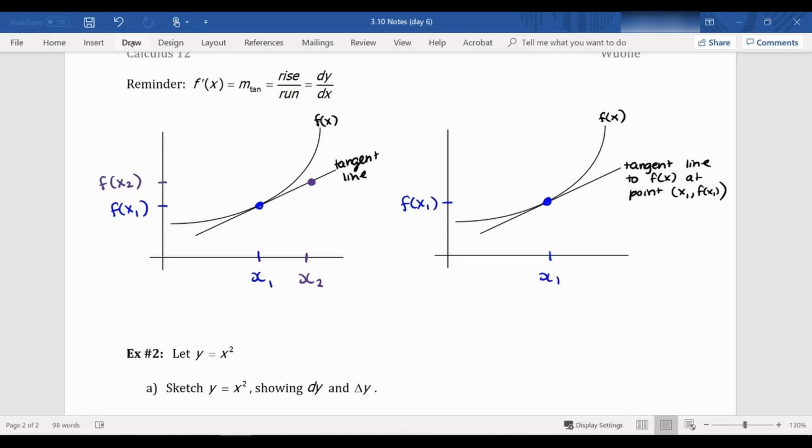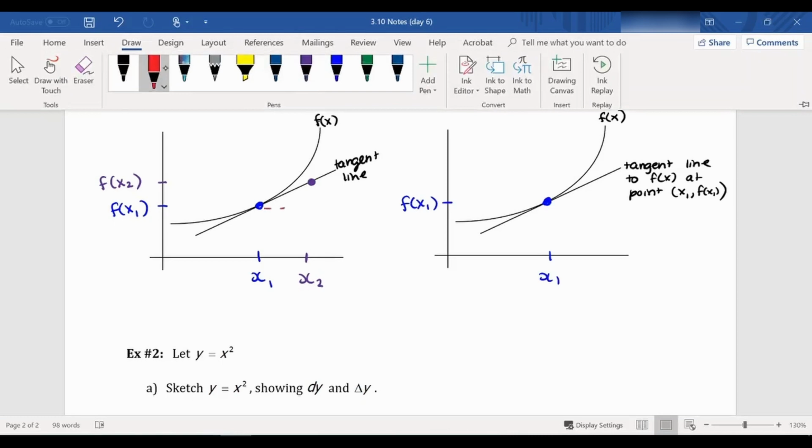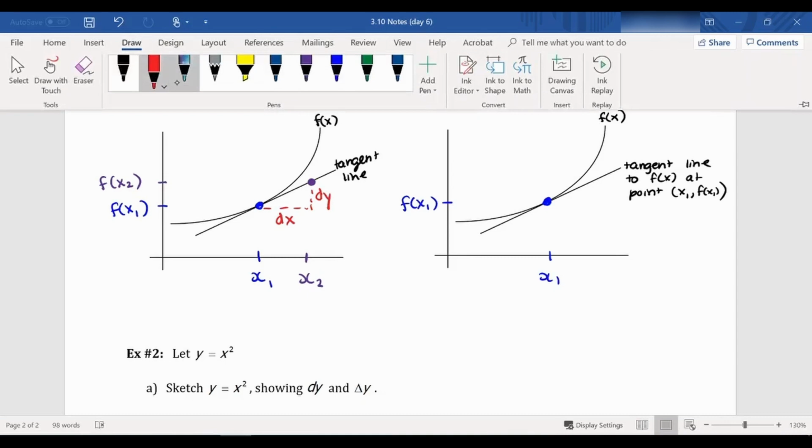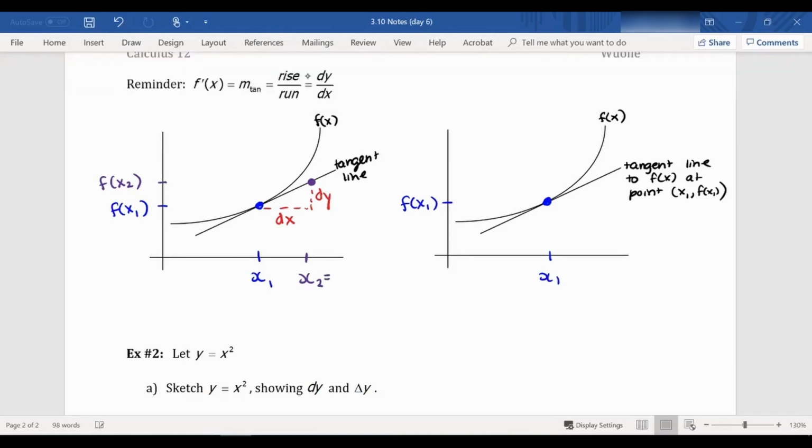If I draw in my little triangle to find the slope of this tangent line, we use dy and dx, which makes my rise dy and my run dx. I can also write x2 as x1 plus delta x.